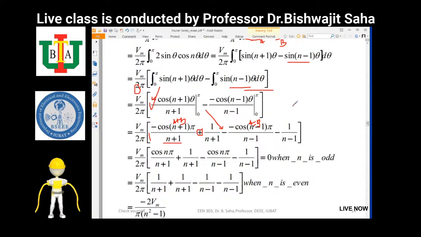Cos (A plus B) is cos A cos B minus sine A sine B. Remember, don't confuse the formula. This is the formula of this one.